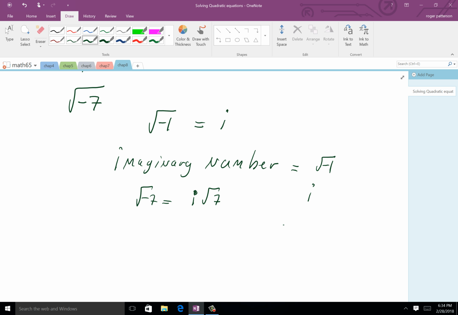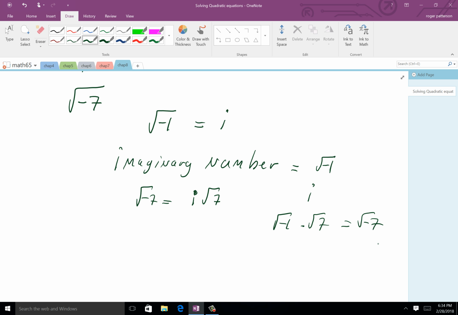If we took the square root of -1 times 7, we know from multiplying square roots that that's what you get. So you're just taking that -1 out of there, replacing it with an i on the outside of the square root. Whenever you see an i, that's what they mean: the square root of -1.